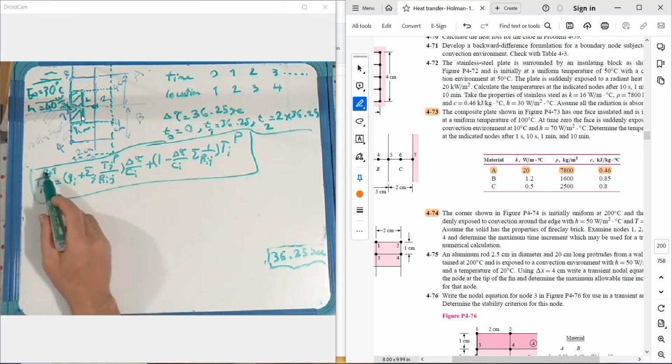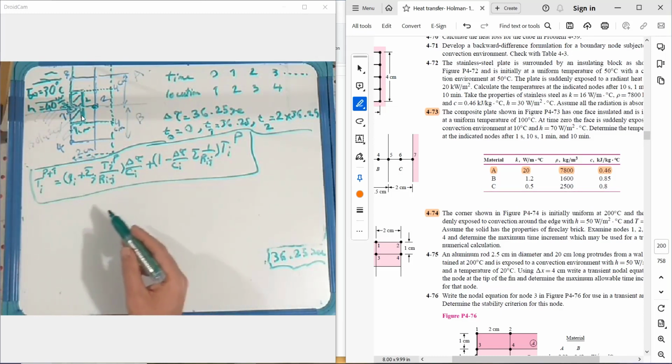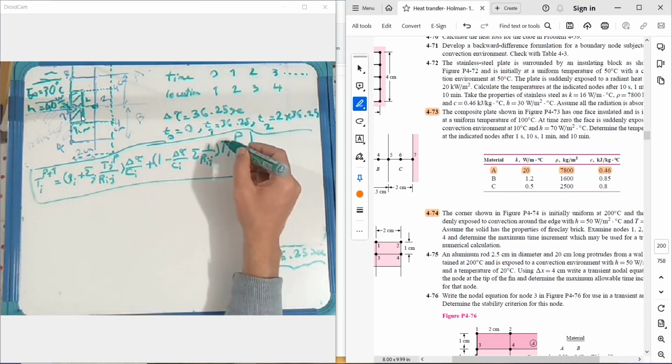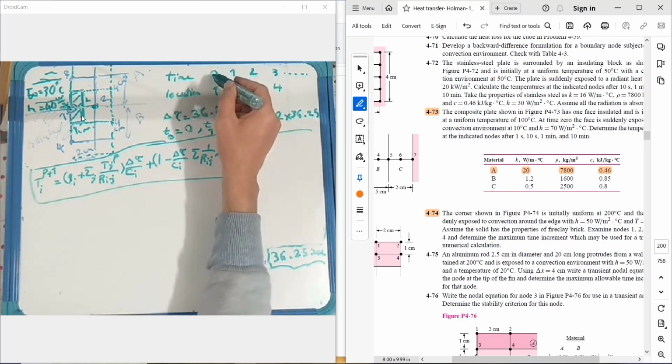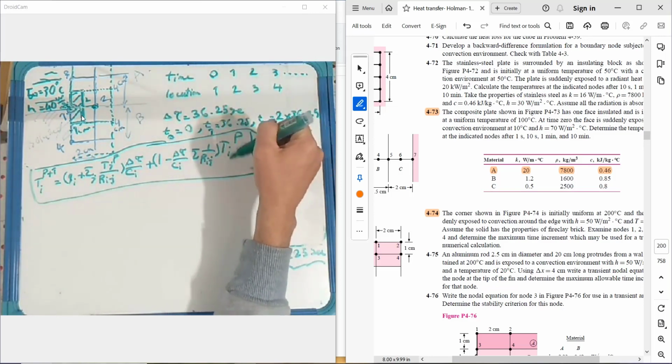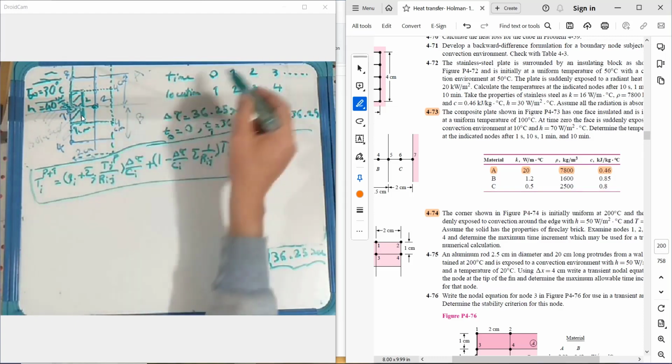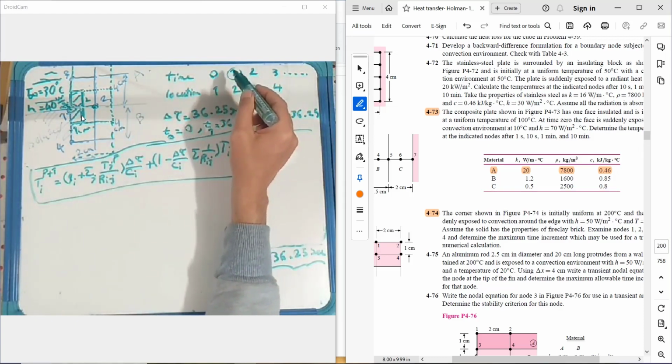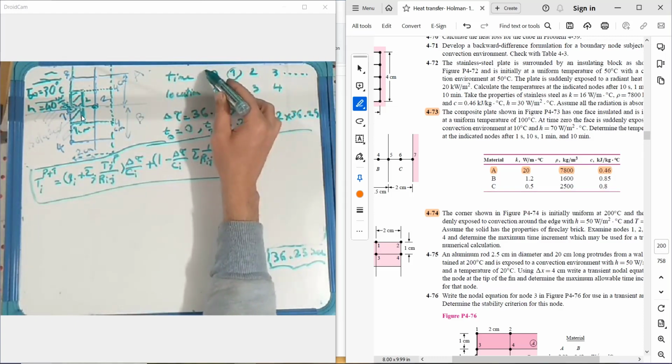Okay, so P located from time P plus 1. If P is 0, the time is T1, okay? And so on. So we should know T at this time to understand the temperature of the next time.